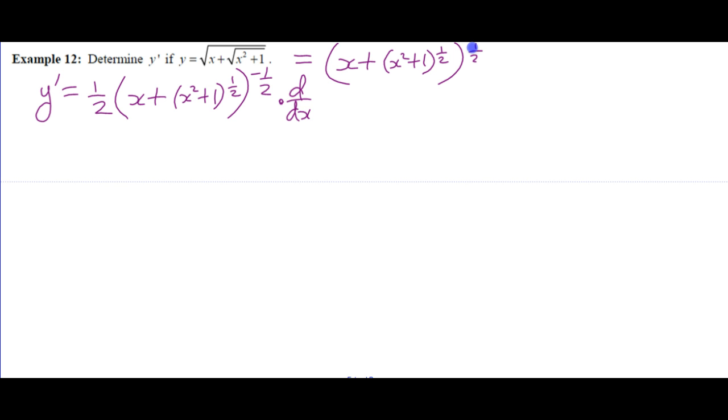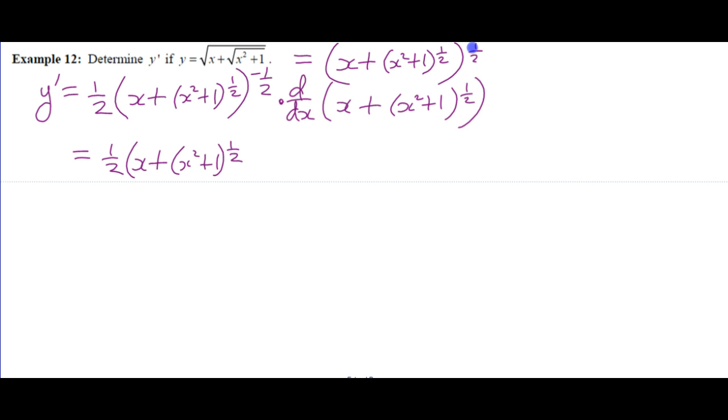So d by dx of x plus x squared plus 1 to the half. So it's going to be a chain rule within a chain rule, right? Okay, so I want the derivative of this.